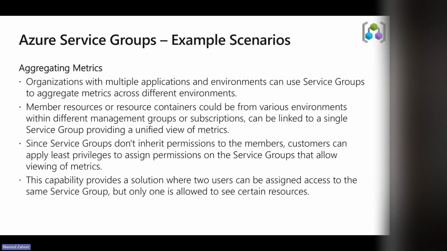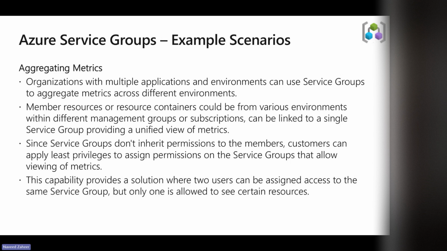So let's talk about some example scenarios. One is aggregating metrics. So let's say that you want to look at monitoring from different applications. Let's talk about the scenario that I mentioned a minute ago about networking resources that are spread across different subscriptions. You want to monitor all of them together. There's a networking team which needs to monitor them. That's a good one.